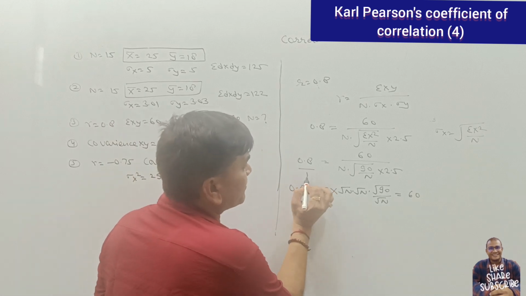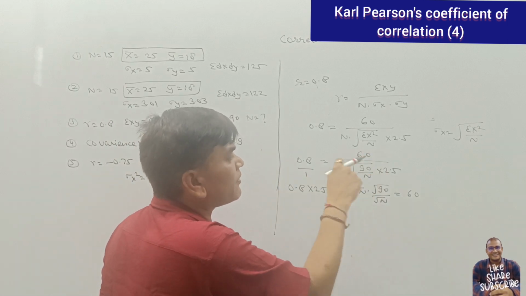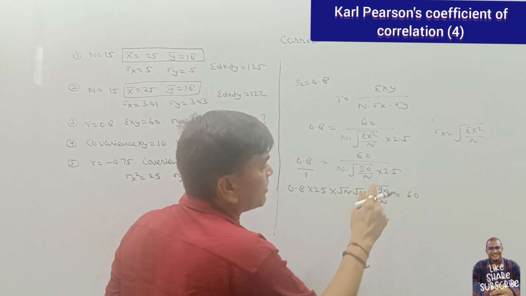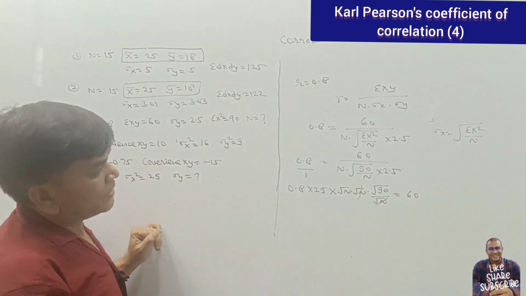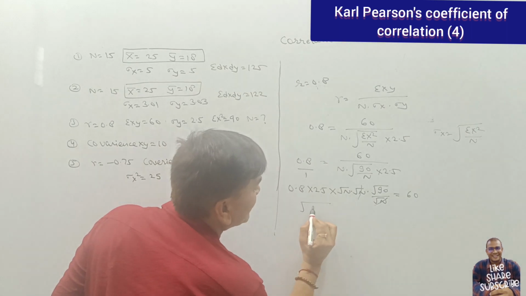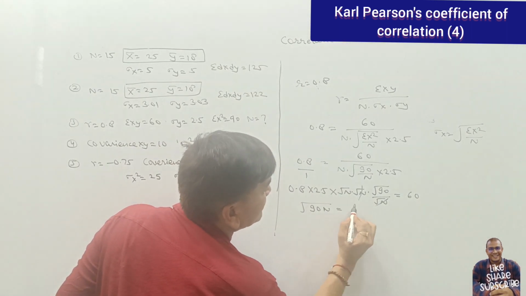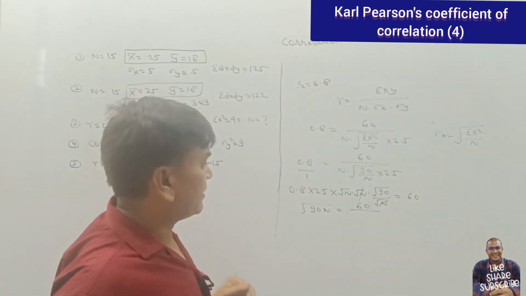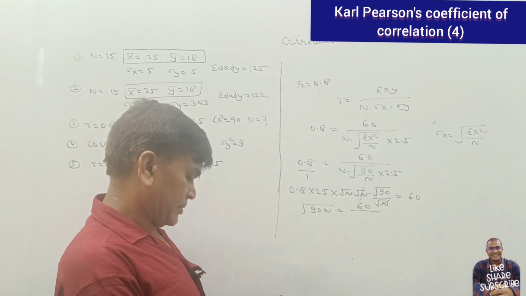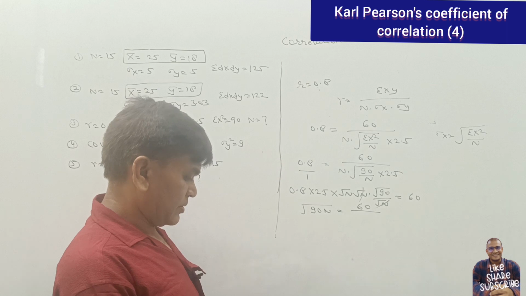There is a cross multiplication: 60 multiplied by 1 and 0.8 multiplied with all this value. Root n cancels with this n, so we have root 90 n equals 60 divided by 2.5 multiplied by 0.8, that is 2.